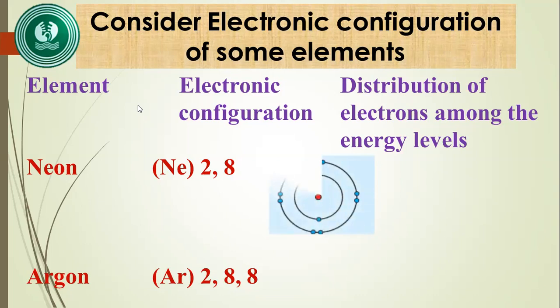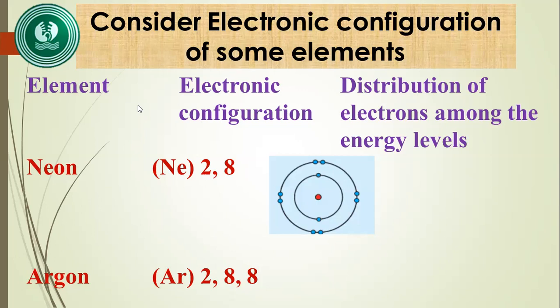In the case of neon, you see one red colored point, which we call the nucleus of neon. Around it, two energy levels are shown. There are many energy levels, but the electron-occupied energy levels in neon are two.